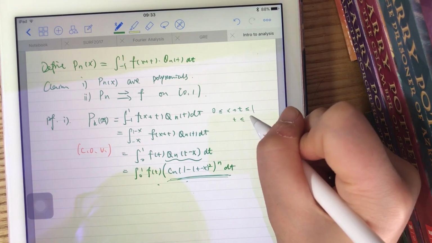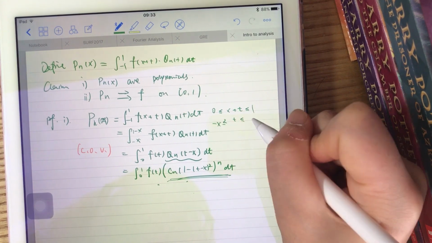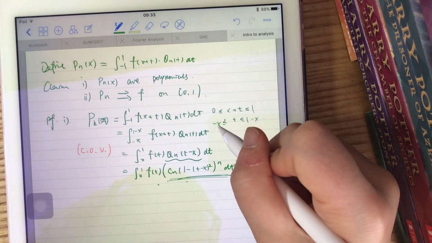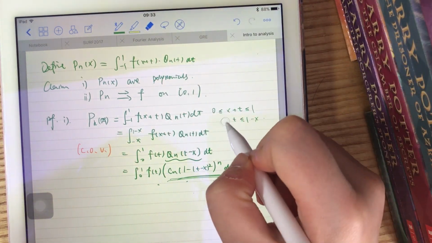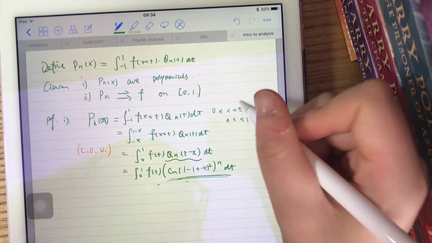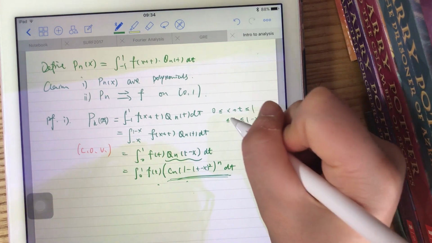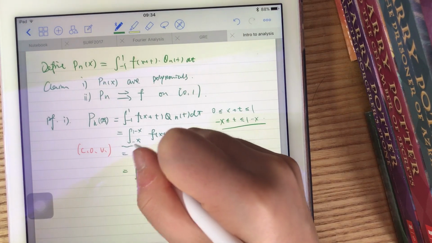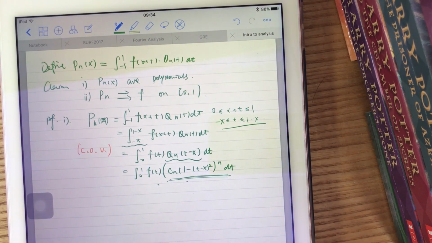So t will be larger than minus x and less than 1 minus x, right? This is the reason why I write it this way, because I want to change the variable from x to t.